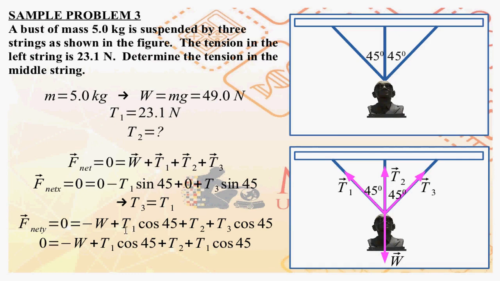So, positive T1, adjacent, so cosine 45 degrees. T2 is vertical. All of it is in the Y component, positive direction. And T3 is diagonal. The vertical component is positive direction, adjacent to 45 degrees. So, adjacent, you use cosine 45, positive Y direction. So, plus T3 cosine 45.